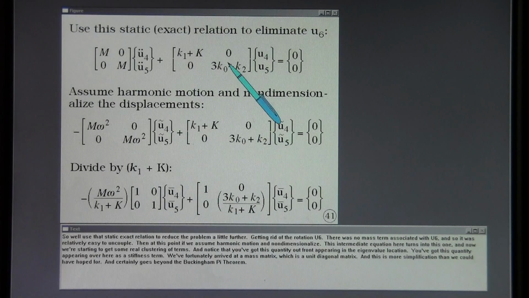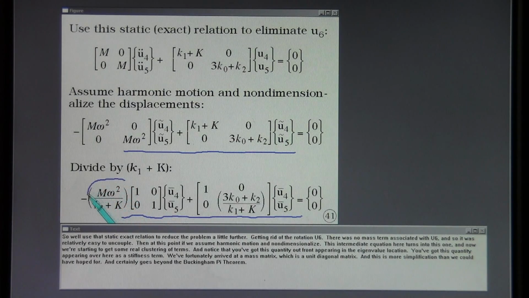Then at this point, if we assume harmonic motion and non-dimensionalize, this intermediate equation here turns into this one, and now we're starting to get some real clustering of terms, and notice you've got this quantity out front appearing in the eigenvalue location. You've got this quantity appearing over here as a stiffness term.